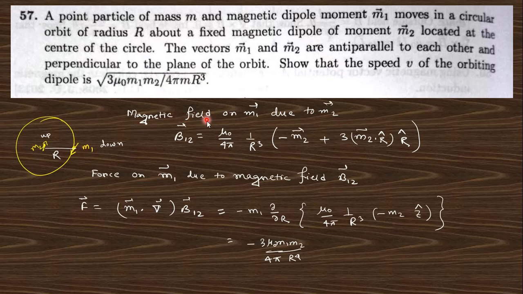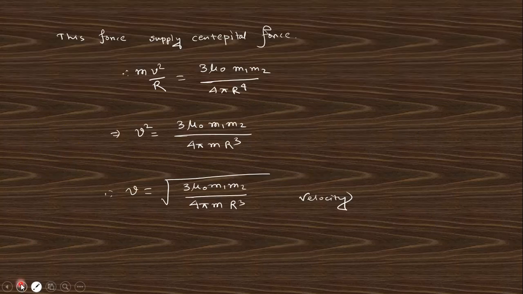So the magnetic field on m1 due to m2 will be like that, and the force on m1 is the magnetic field and this magnetic moment m1. So the force will be like that. After getting the force, this force is nothing but the supply of the centripetal force, that is m v² by r. So equating this, you will get the expression of the velocity, right?